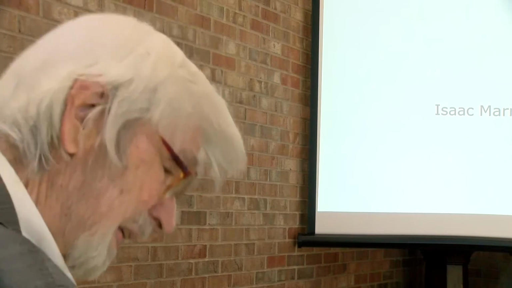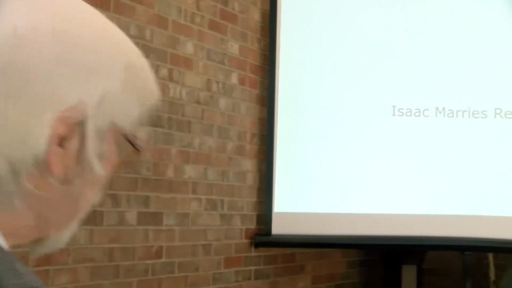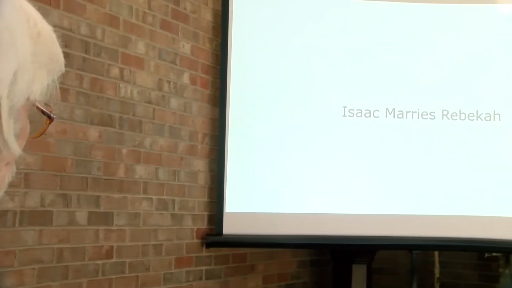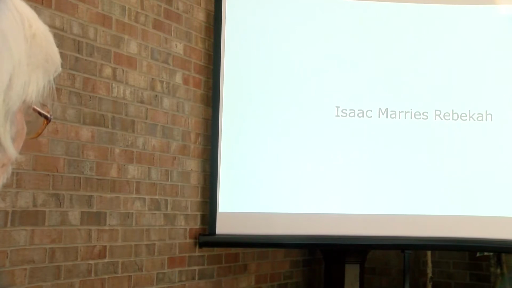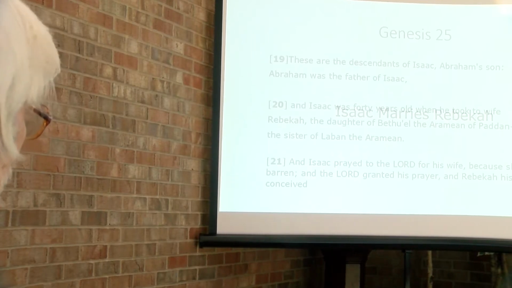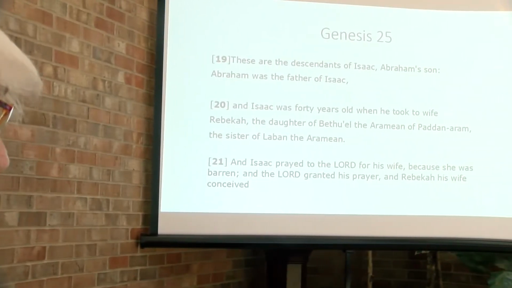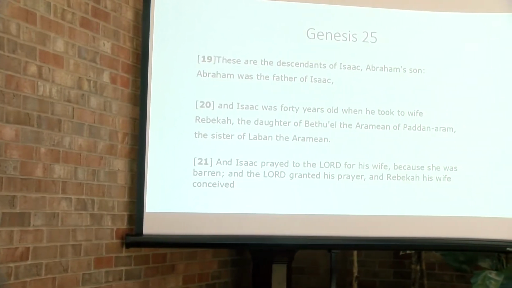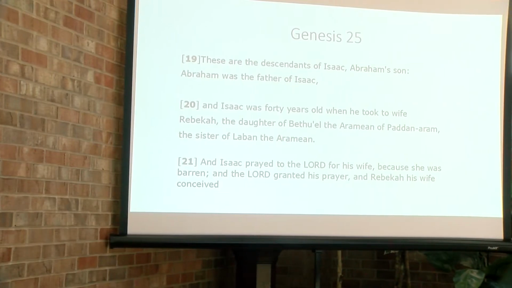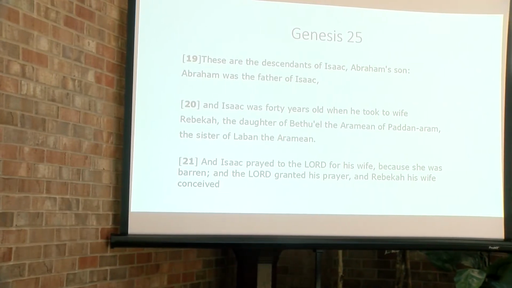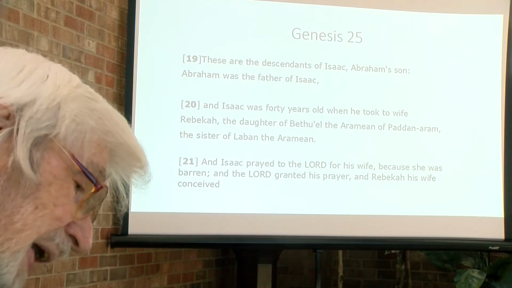We have to start with taking a look at the fact that Isaac, the son of Abraham and Sarah, marries Rebekah. This came about because Isaac was about 40 years old and he was not yet married. His mother died, and Abraham thought it's about time that this guy got married.